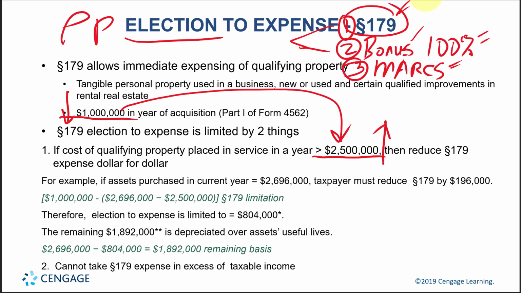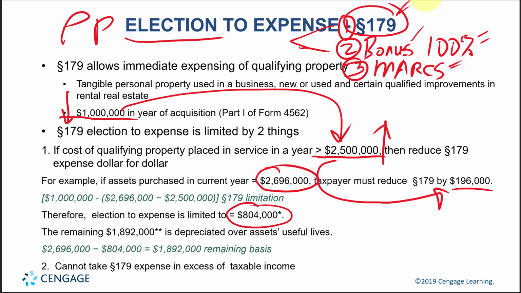In this example here, if they buy 2,696,000, you went over by 196,000 over that 2.5 million here. So you gotta reduce your $1 million deduction by this 196,000, leaving you only 804,000 to deduct as 179.